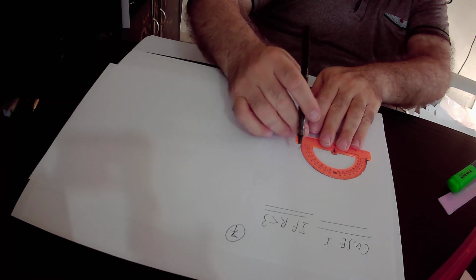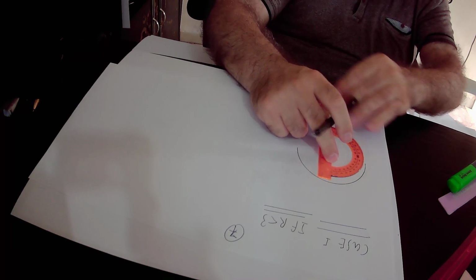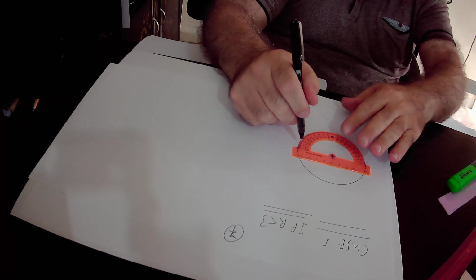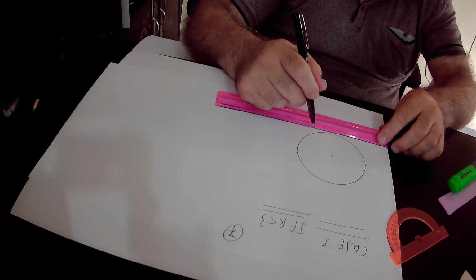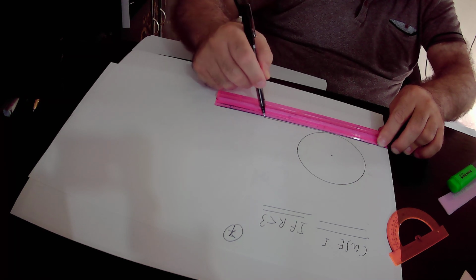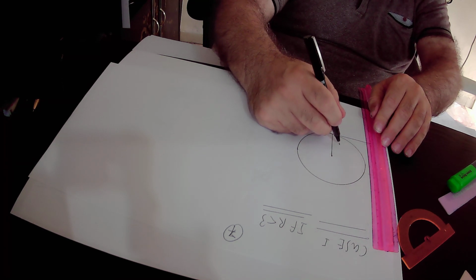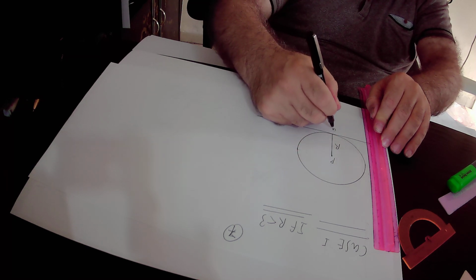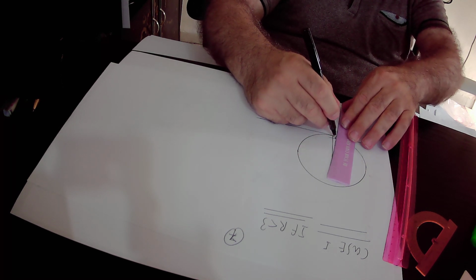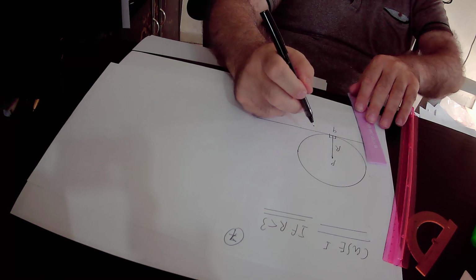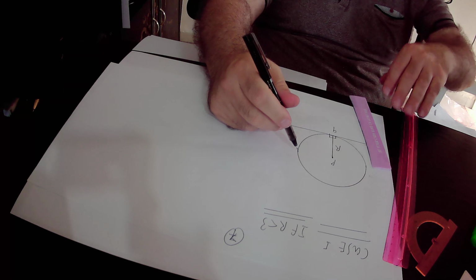So I will draw a circle with a radius that is less than 3 units. The side length of the square is 3 units, so it will be higher than the radius that is less than 3 units.